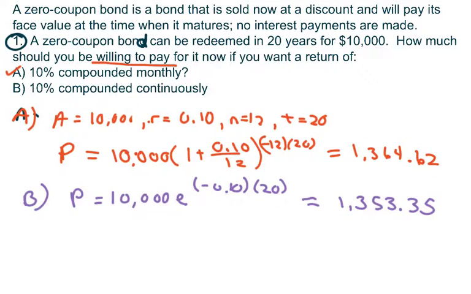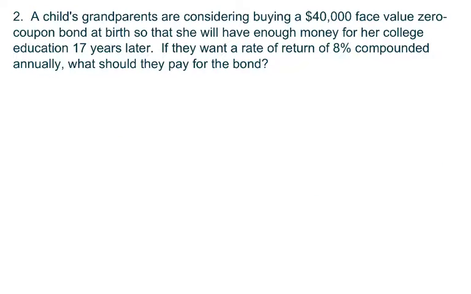Okay, and the next ones are kind of similar. They're considering buying a $40,000 face value zero coupon bond at birth for their grandchild. If they want a rate of return of 8% compounded annually, what should they pay for the bond? So again, we're using the same formula. We're going to use P equals A times 1 plus your rate over your N, to the power of your N times your time, or negative.